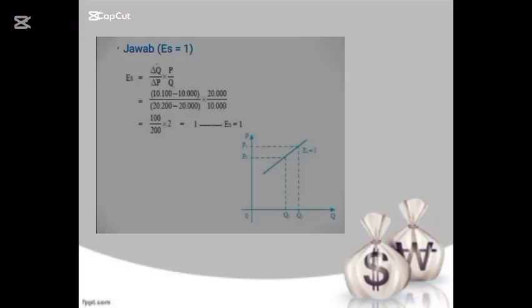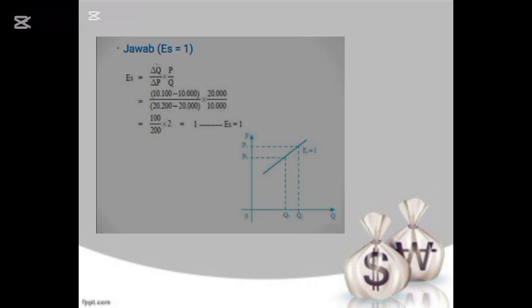The calculation of the elasticity coefficient: formula, ES equals delta Q by delta P times P by Q. Delta Q: 10,100 minus 10,000 is 100. Delta P: 20,200 minus 20,000 is 200.